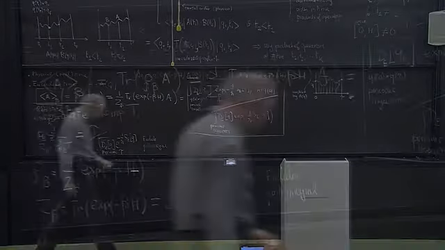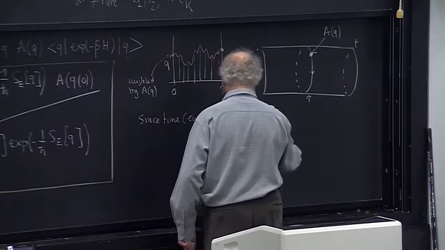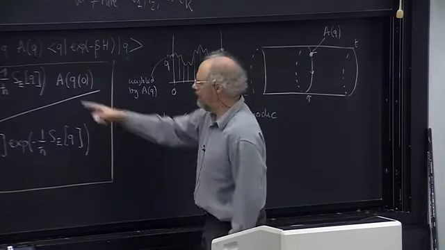Now, of course, since Euclidean time is periodic, in fact, you could have weighted the trajectory by the value A of q at any other time, because you can just make a global rotation. So in fact, this doesn't depend on the time.